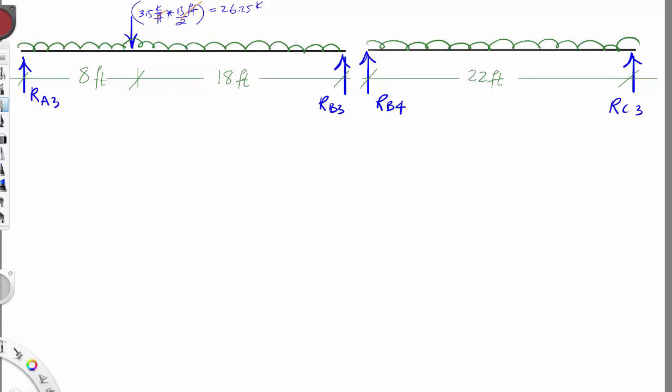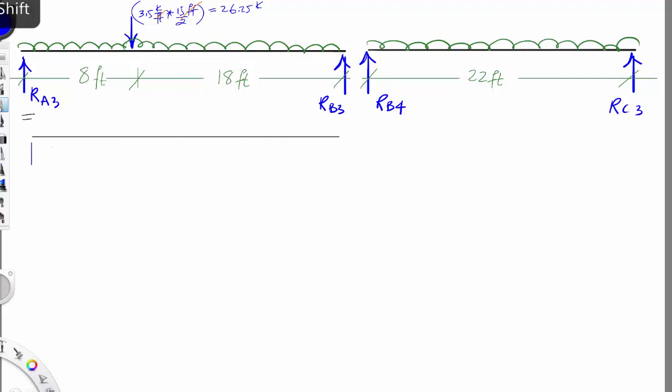So now we have a straightforward case of two loads, uniform load plus point load. So we'll do that. This is equal to the uniform load here.